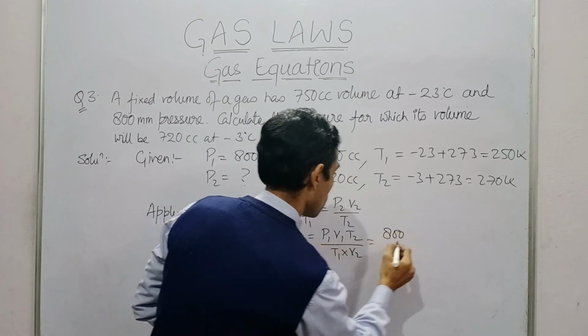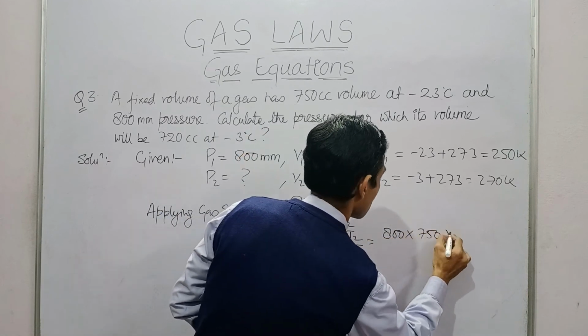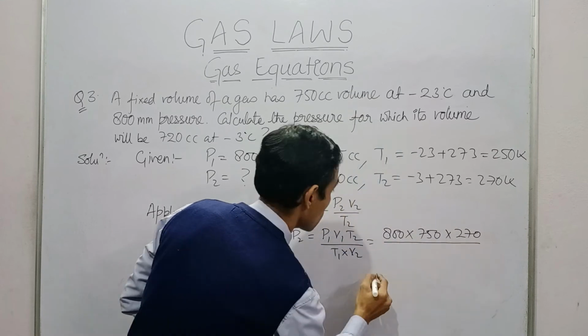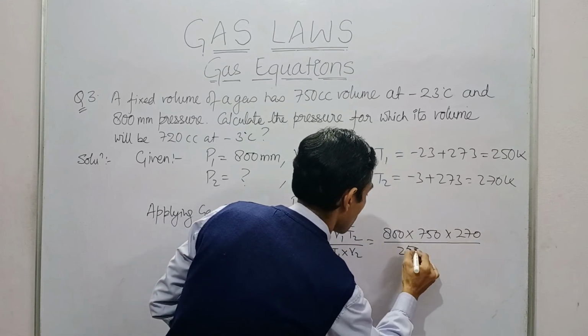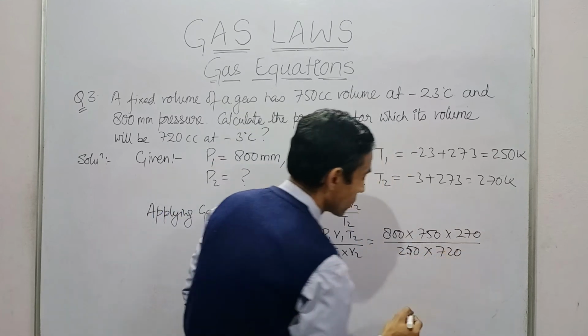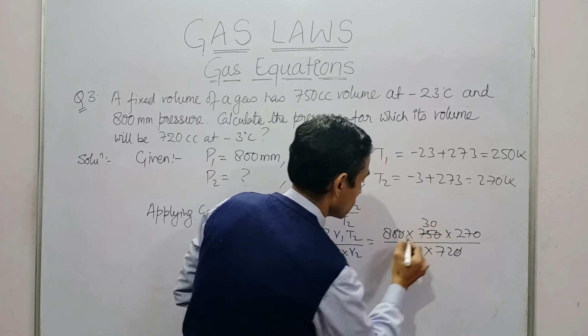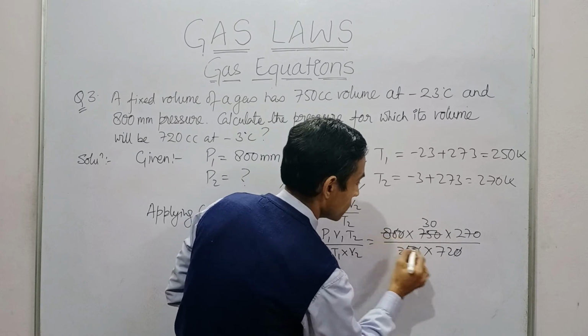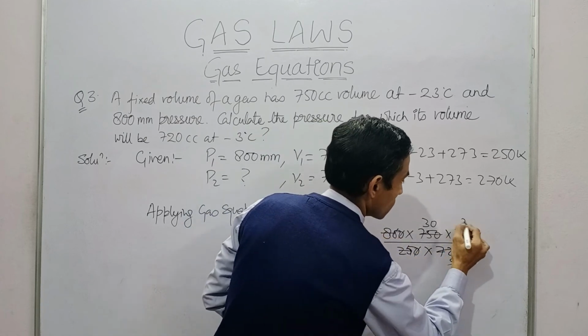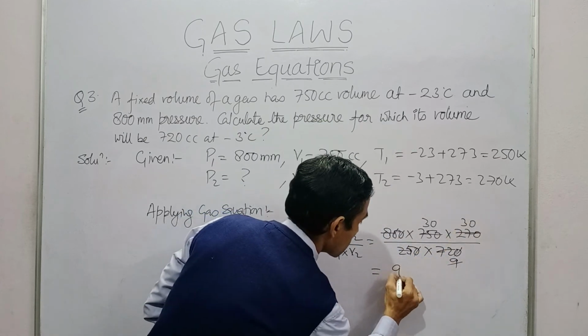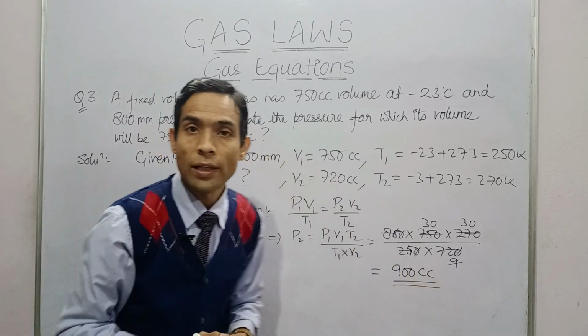Substitution. Cancellation. So our final pressure is 900.